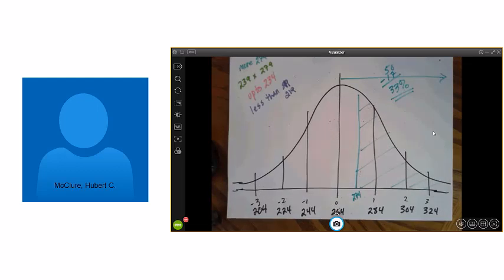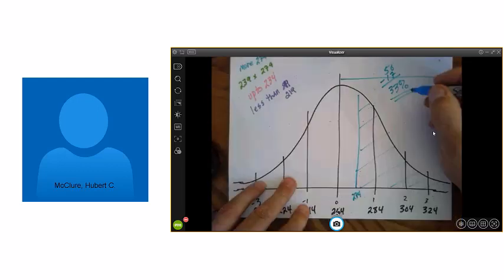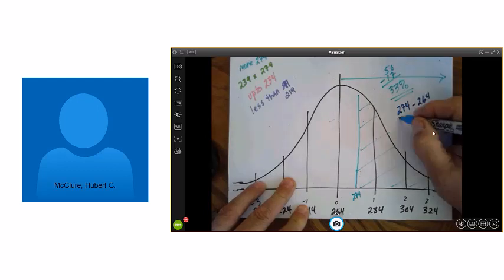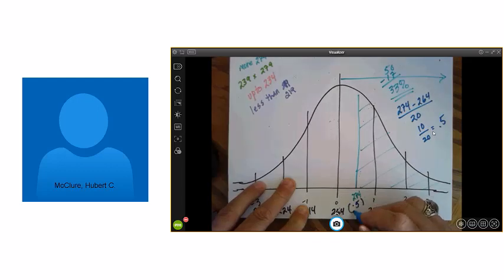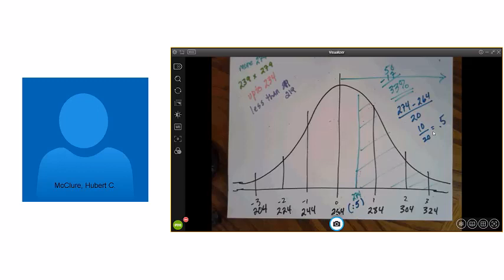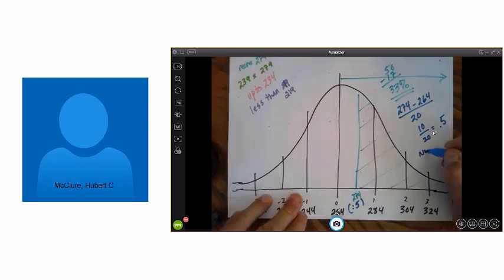But I've got to change that 274 for an old calculator. I got to change that 274 minus 264 over 20. 10 over 20 is 0.5, which I knew when we drew it on there. So somebody, I need one of y'all to take your calculator and give me normal CDF from 0.5 to 9999.